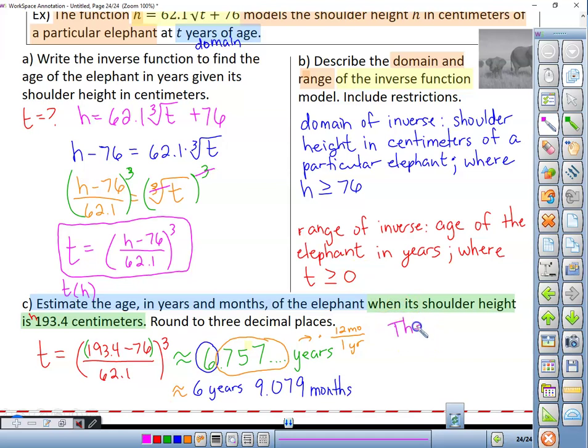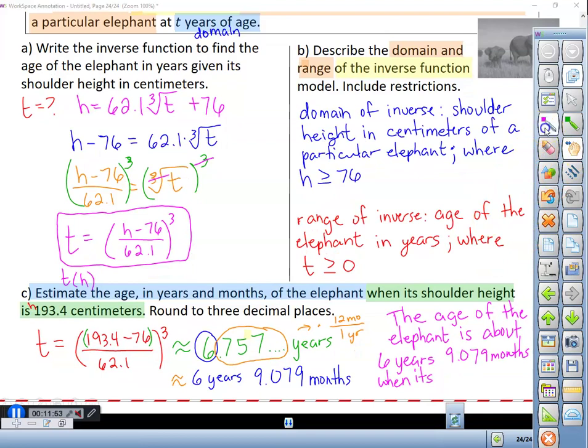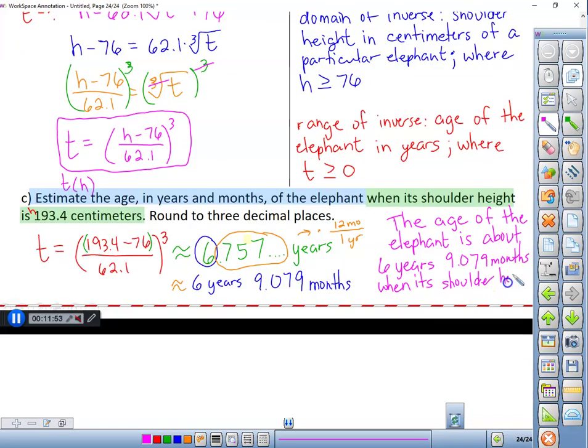So the age of the elephant is about 6 years, 9.079 months when its shoulder height is 193.4 centimeters, like so.